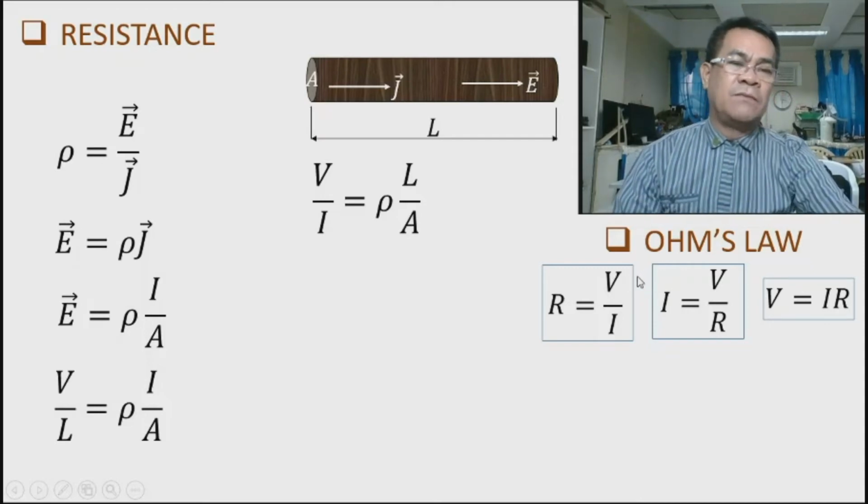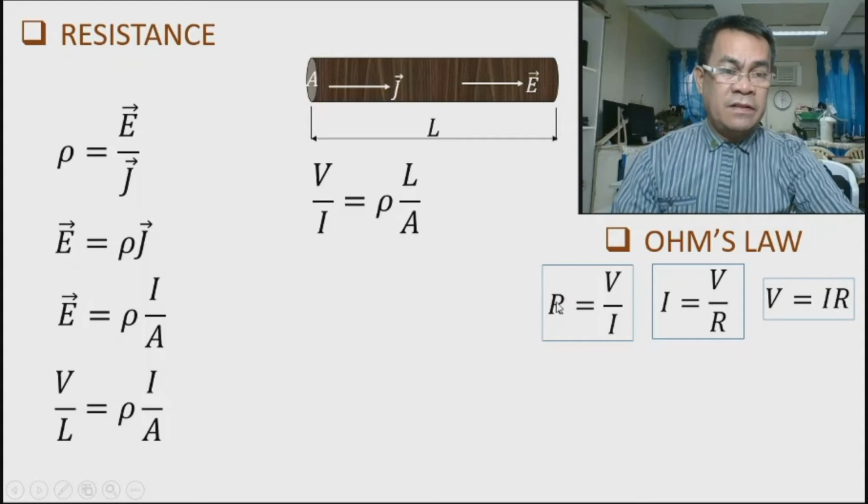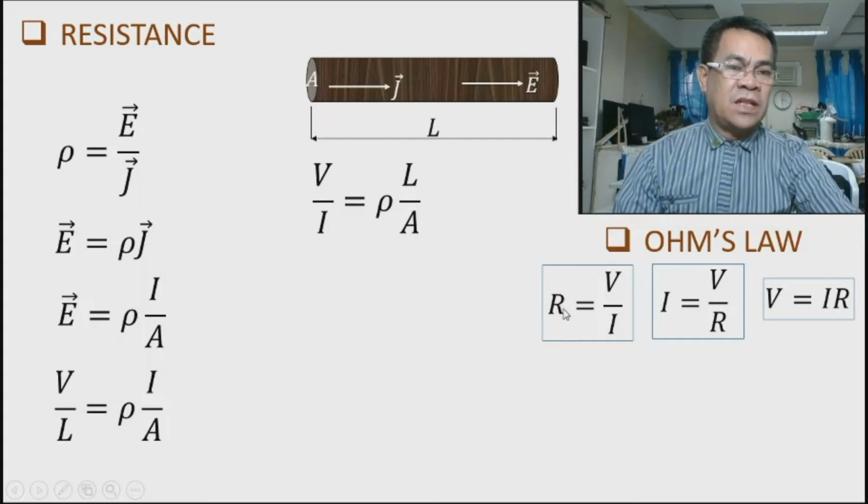So voltage is in volts. Then R is in ohms because the resistance is named for George Simon Ohm. He was able to study the resistance.